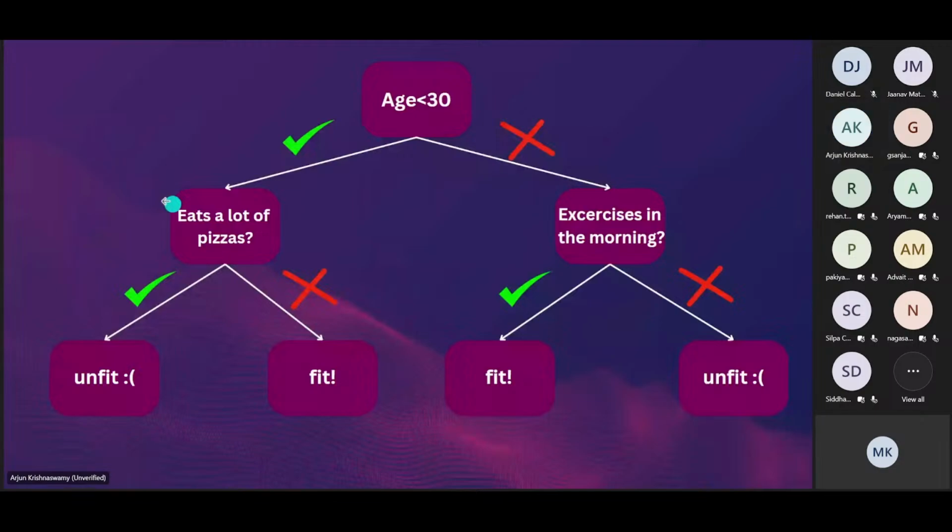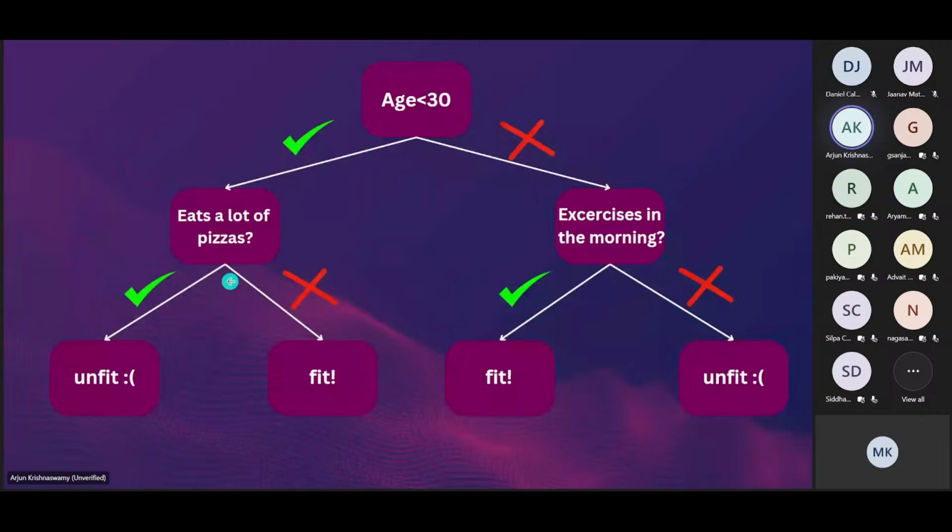So this simple decision tree is used to classify if a person is fit or not. The very first question we ask ourselves is, is the person aged less than 30 or more than 30? This is the very first statement, the if-else statement. And if this is true, we ask another question, if a person eats a lot of pizzas or not. And if that is true, then he's classified as unfit.